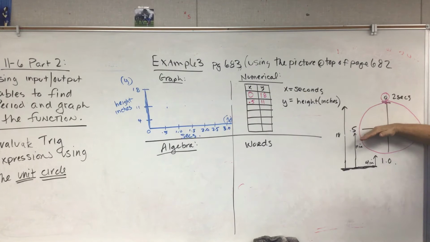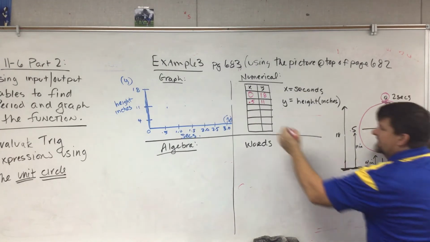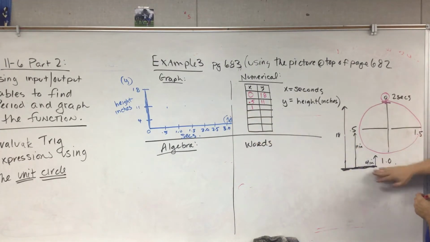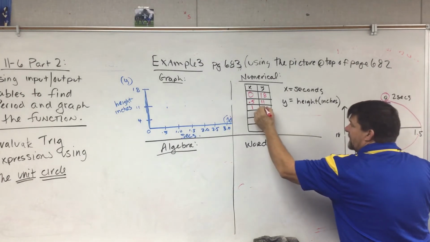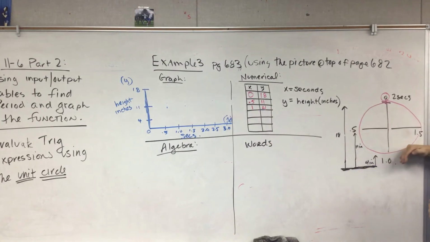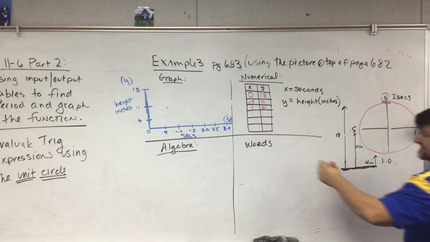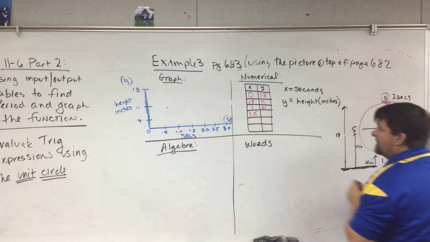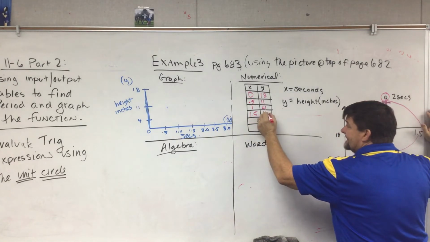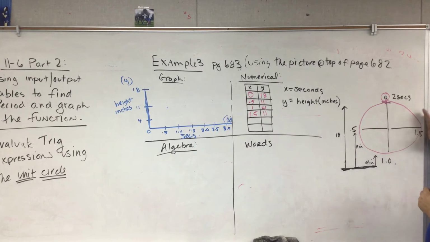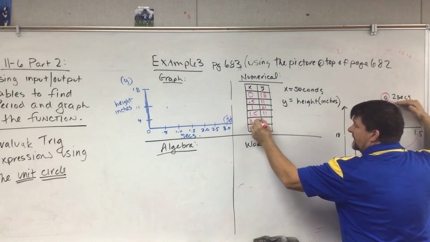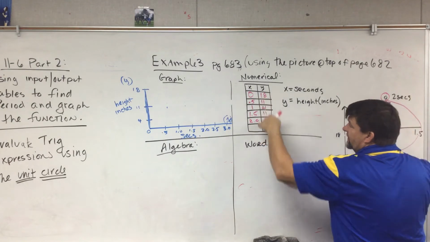When I pedal all the way to the bottom, it took me 1 second, and my height is now at 4 inches off the ground. When it comes back around, it goes up to 1.5 seconds, and my height is now back up to 11 inches. And when I get back to the top at the end of 2 seconds, it's back to 18 because it goes in a circle.